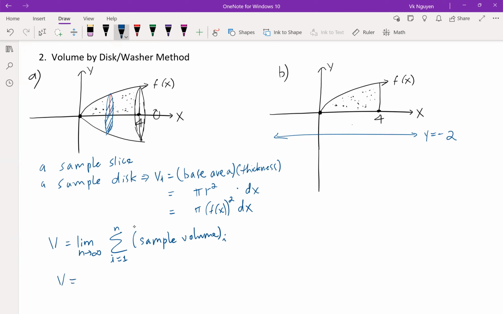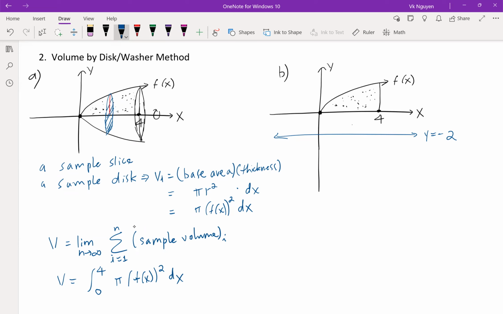Notice that the limit of the Riemann sum is the integral. So we integrate this from 0 to 4. The sample volume is base area times thickness, which is pi times f(x) squared dx. Nice formula, huh? Because we used a sample disk to compute the volume, this method is called volume by disk method.